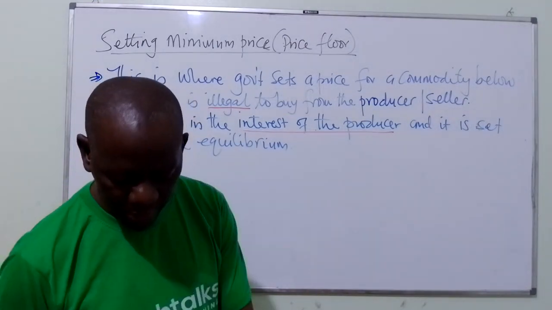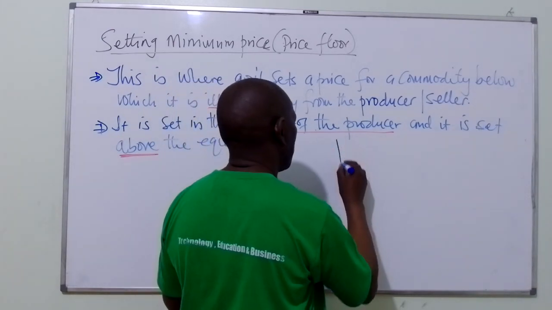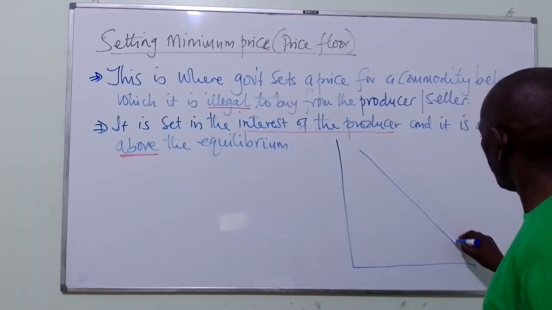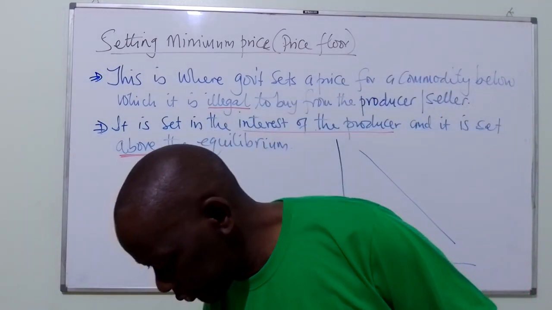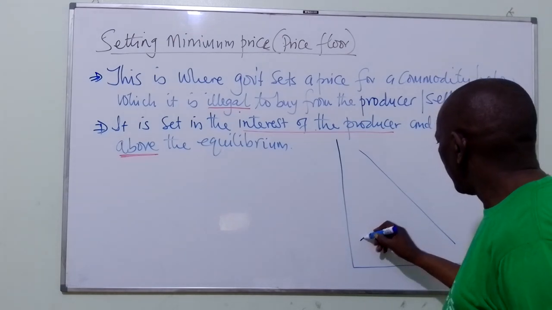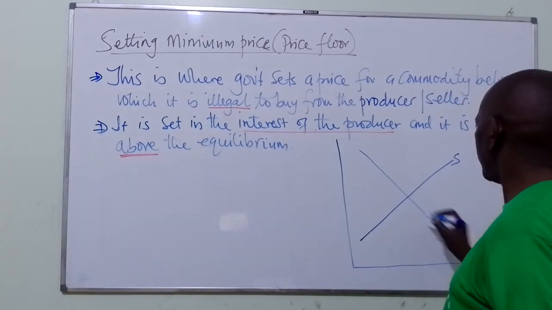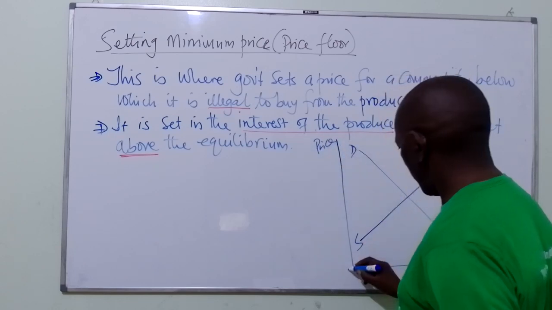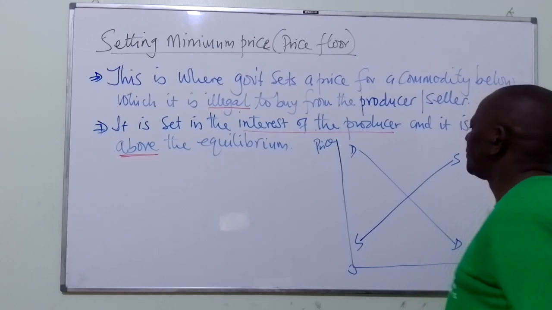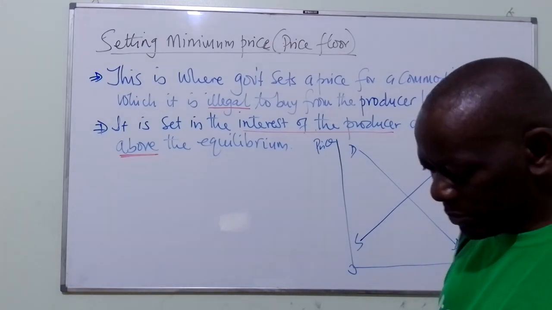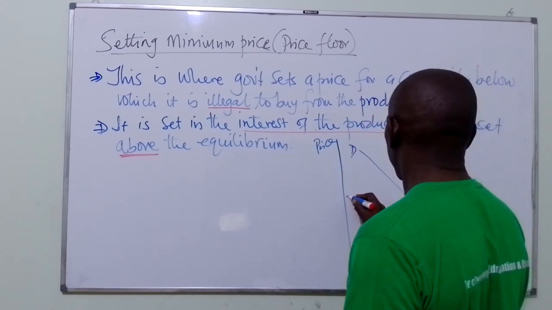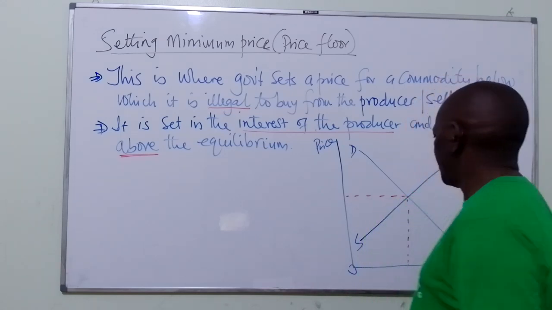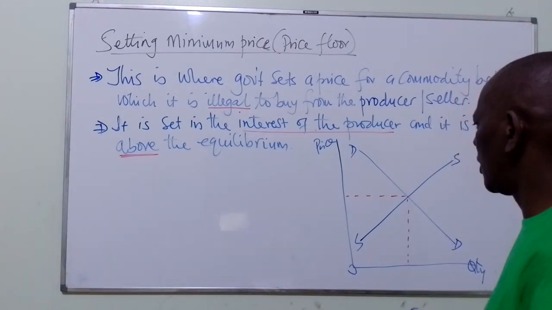So we are going to have a diagram here which is going to show us this is supply, demand, supply. And here we have the price, origin, quantity. So we get the equilibrium price, where the equilibrium price is that, corresponding with the equilibrium output.